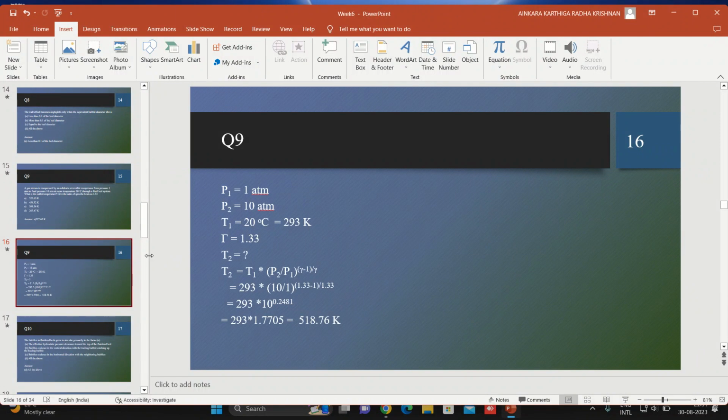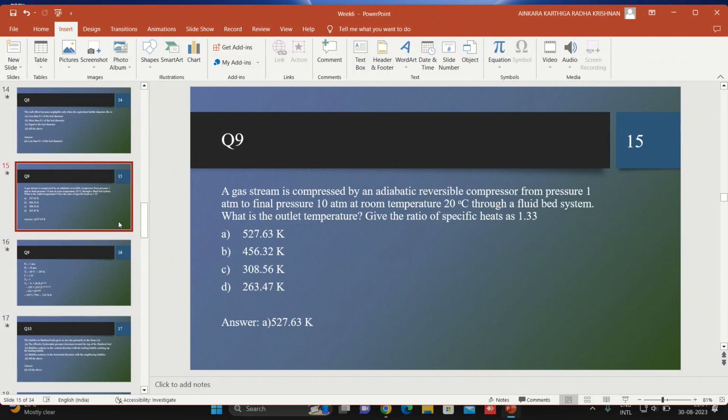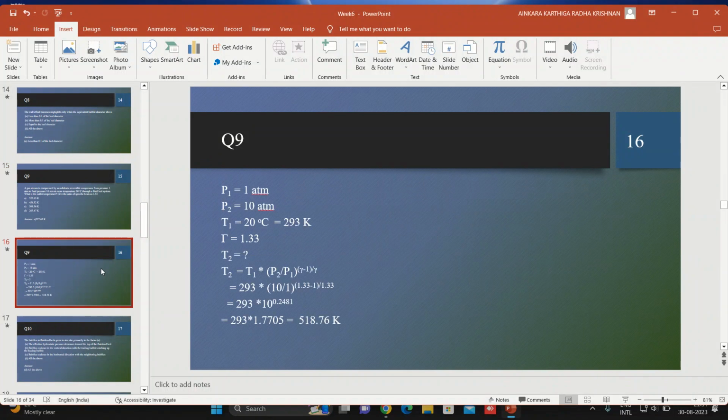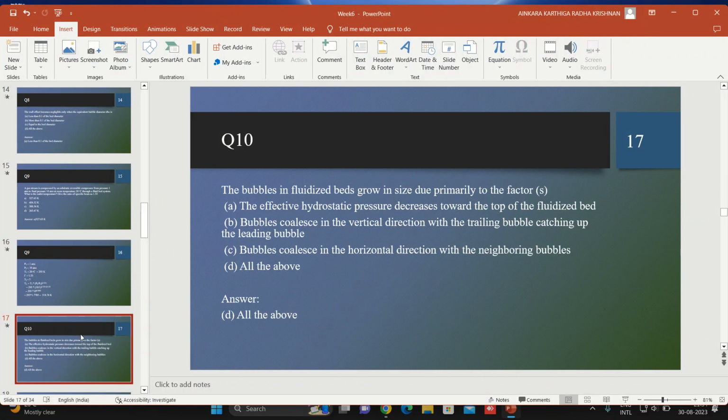Yeah, so the answer is 527.63 Kelvin. What is the outlet temperature, given the ratio of specific heat as 1.33? So we'll go to question 10.